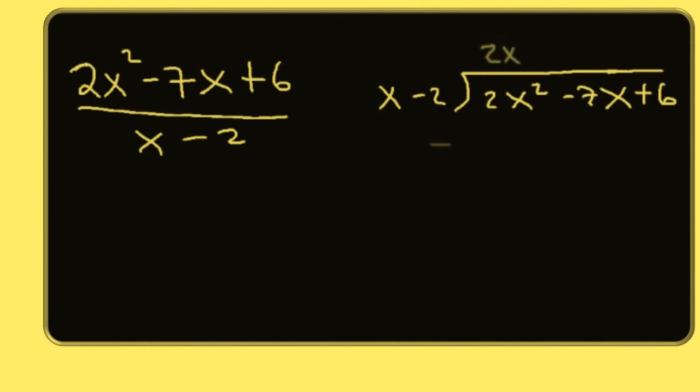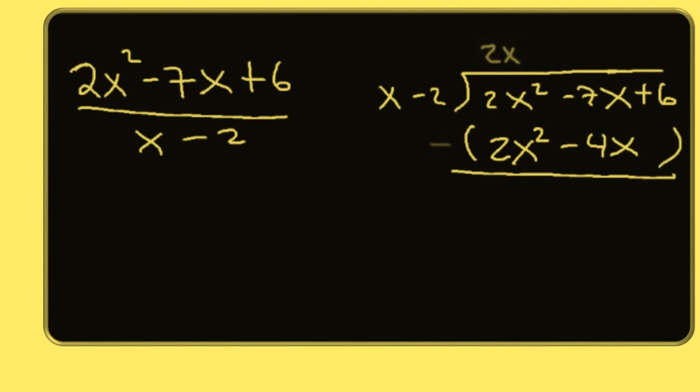Now multiply: 2x times x is 2x squared, and 2x times negative 2 is negative 4x. Now we subtract: 2x squared minus 2x squared is 0, they cancel. Negative 7x minus negative 4x is the same as negative 7x plus 4x, which is negative 3x. 6 minus 0 is simply 6. We can bring the 6 down.